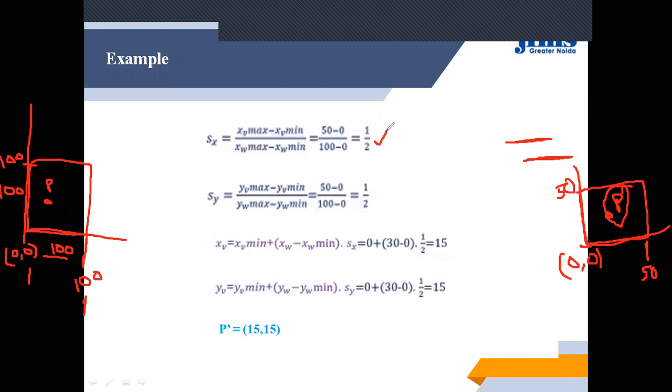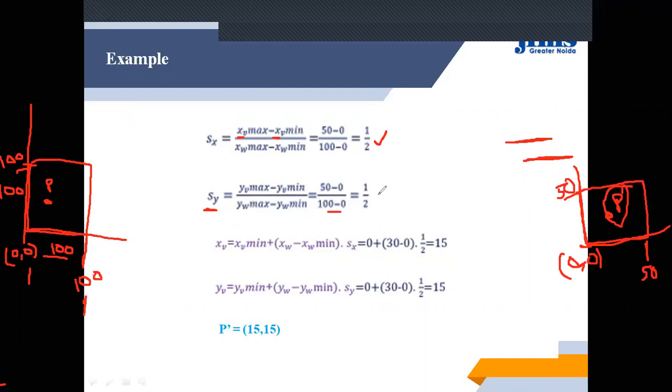Now we will find the scaling factor on the y-axis. It is similar, only we put the y coordinate values instead of x. So yv max minus yv min, 50 minus 0, upon yw max 100 minus yw min 0, so this is 100 minus 0.